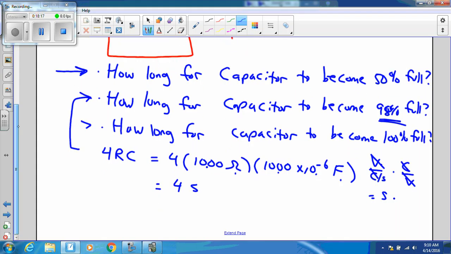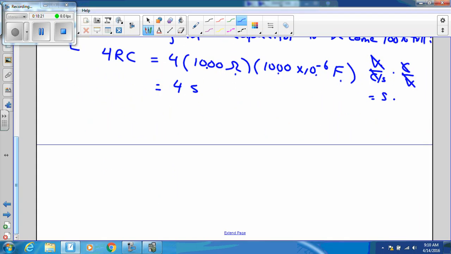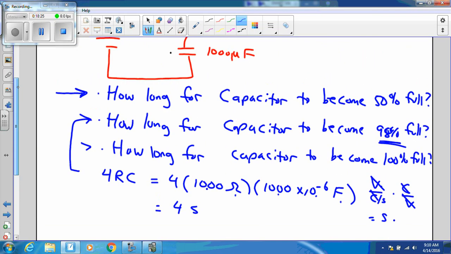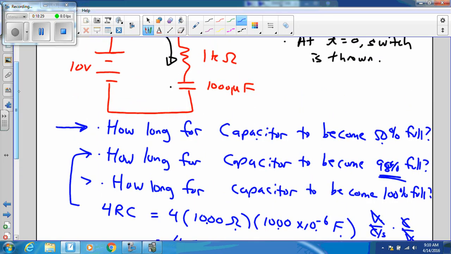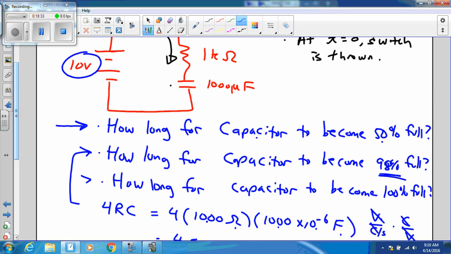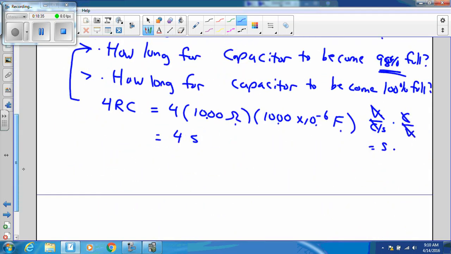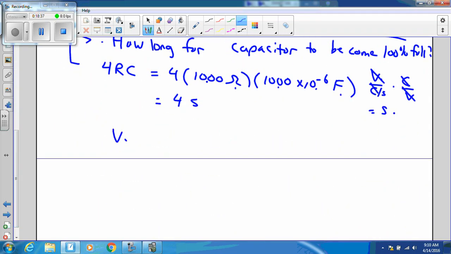All right, now let's tackle the other question here. How long for the capacitor to become 50% full? Because this is not my magic 98% number, I'm going to need to solve an exponential. The capacitor is going to become 50% full when its voltage is 50% of the power supply's voltage, in other words, when VC is equal to 5 volts.